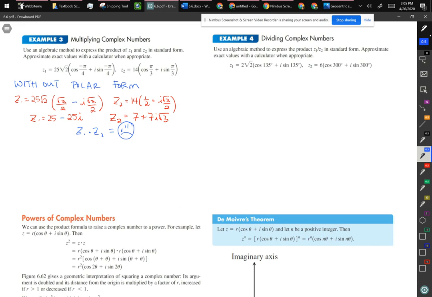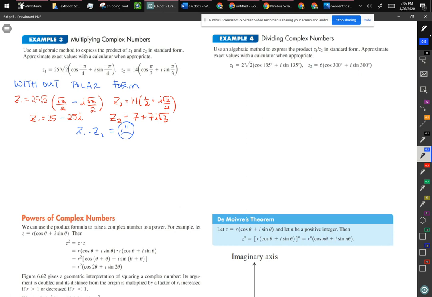So we don't want to come out of this section thinking that that's what we're going to do. The very useful thing about polar form is that this work is so much easier from the perspective of looking at it as an angle and a radius.